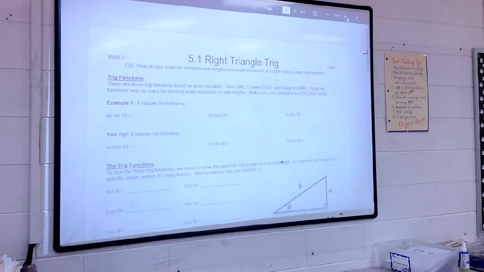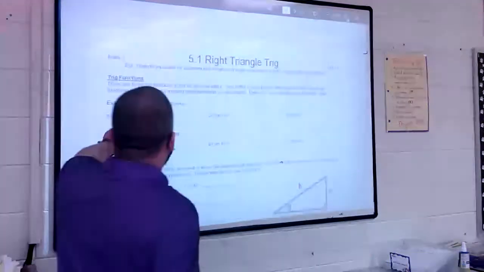On Desmos, what does it give you if you hit sine 78? It's 0.978. So on Desmos, it actually puts you in the right mode automatically. So if you didn't get 0.978, let's say you got 0.513, the first issue here is that these are degrees.